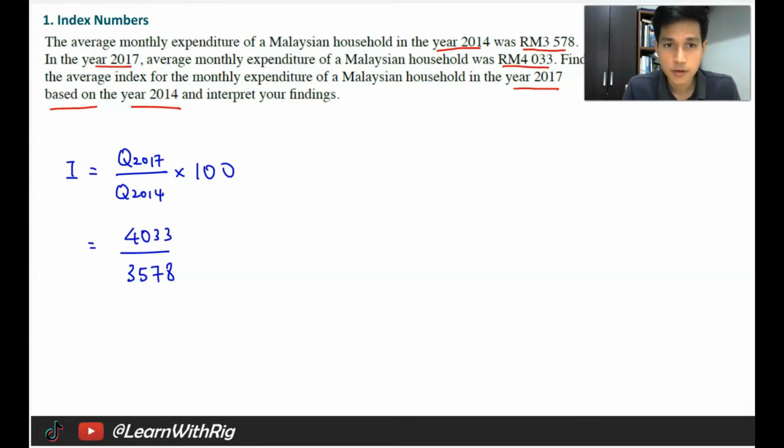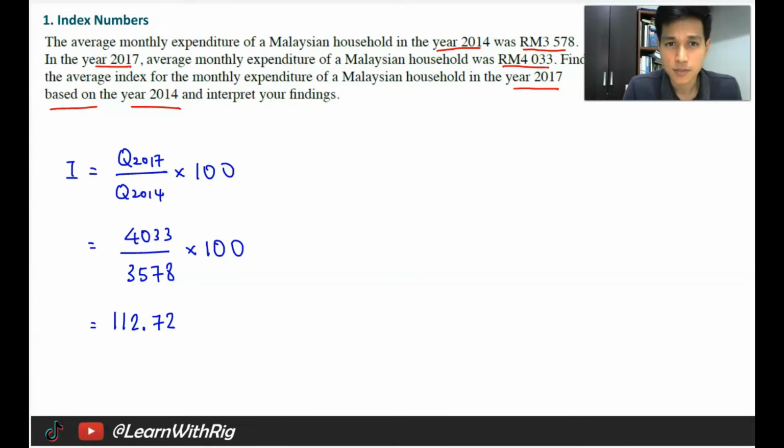So from here you can see from 2014 to 2017 increase, right? From 3,000 went up to 4,000. So you know for a fact that the answer you're going to get is going to be more than 100 because it increased. Okay, so you times 100. So what's your answer? You should get 112.72. Okay, so this is your index number.